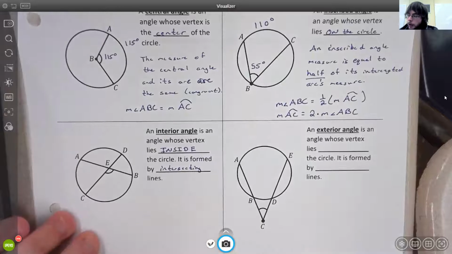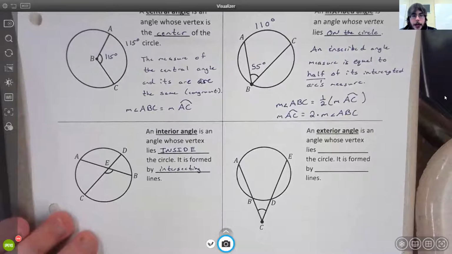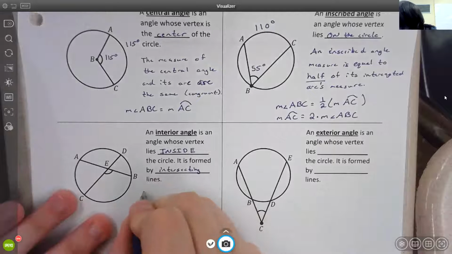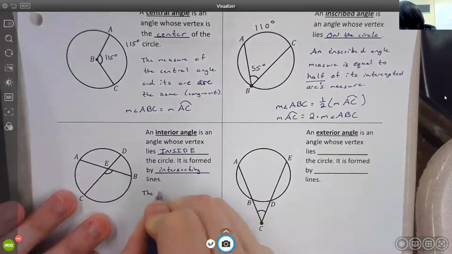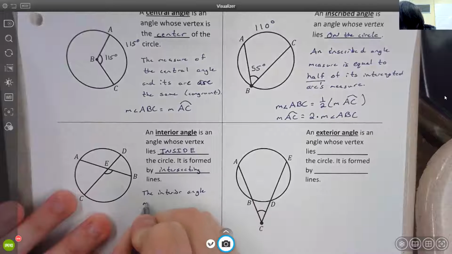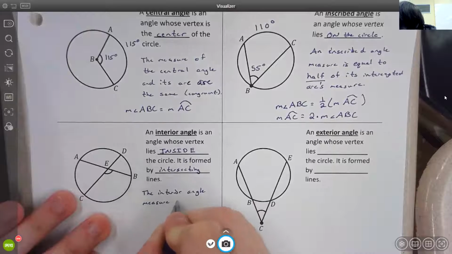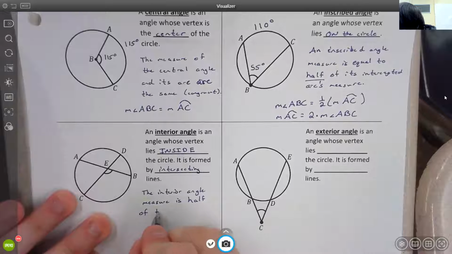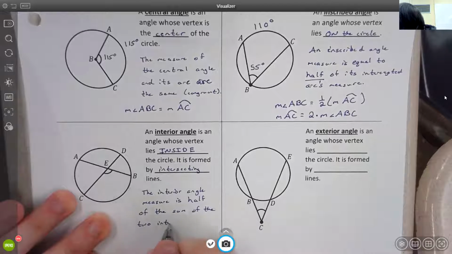Now, the important thing about an interior angle and its arc is that the interior angle measure is half of the sum of the 2 intercepted arcs.